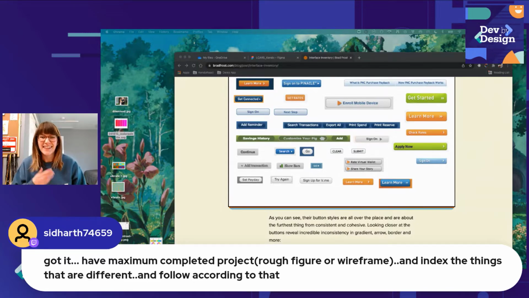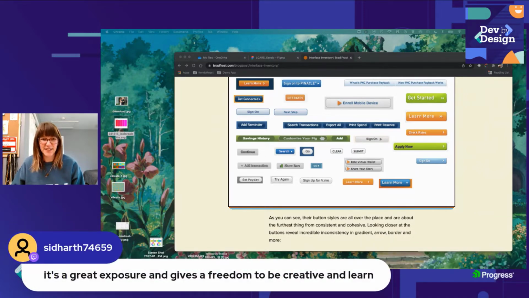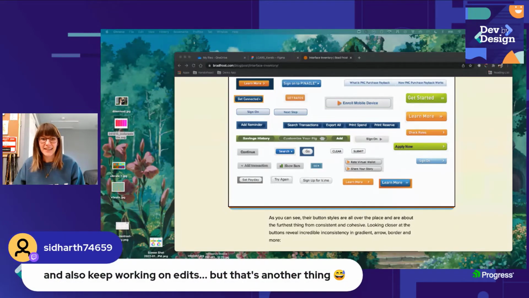So you can start this design system, but you won't really know. You'll still have to make all the same edits. You'll just be making them on the design system side and not the live application side. So yeah, you win some, you lose some. But yeah, great exposure, gives freedom to be creative and learn, and keep working on edits.